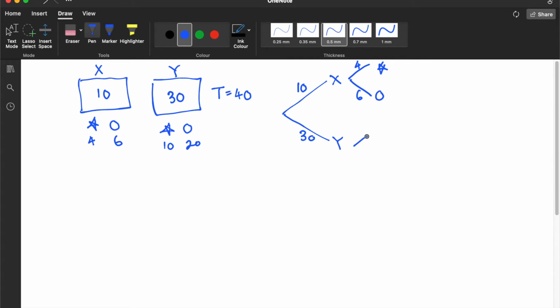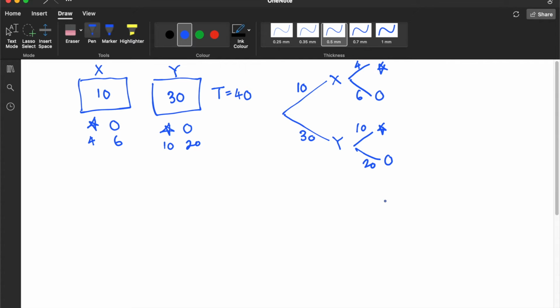And I'm going to do the same for Y, with a star branch and a circle branch. How many stars do we have? We have 10 and we have 20. So you can see that the numbers actually match. 4 and 6, 10. 10 and 20, 30.